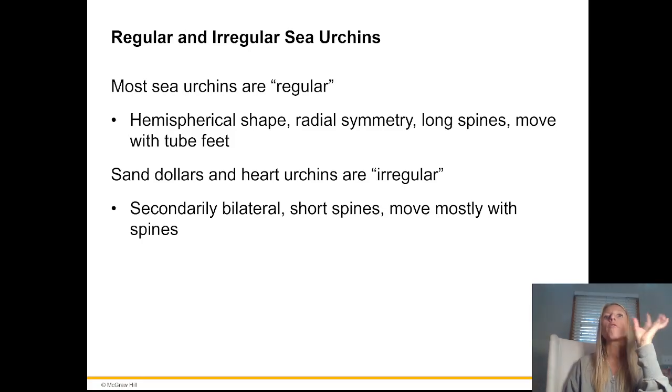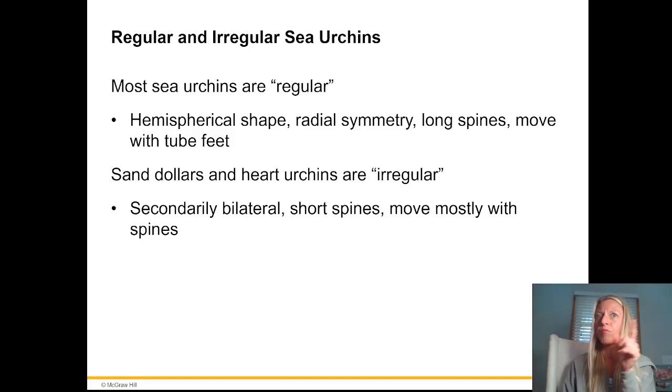Sea urchins, so there are regular and irregular sea urchins. Regular are sort of the hemispherical shape, radial symmetry, long spines, tube feet. Sand dollars and heart urchins are the irregular ones because they are secondarily bilateral, not radial. They have short spines and they move mostly with their spines, not tube feet.